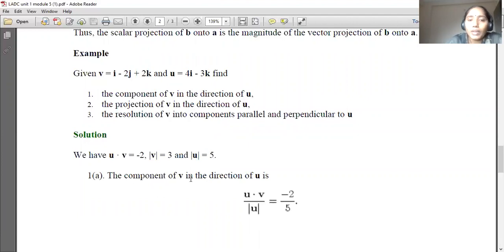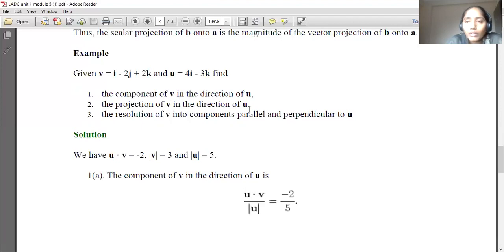So now applying the formulas, the first one is the component of v in the direction of u. The component means the scalar projection of v in the direction of u, that is u dot v by modulus of u. We already found the values, so it is minus 2 by 5. Coming to the second one, the projection of v in the direction of u, that means the vector projection.